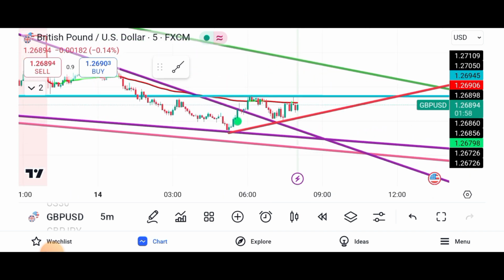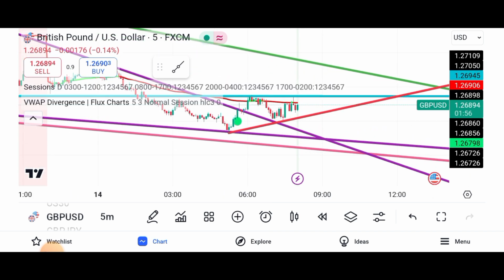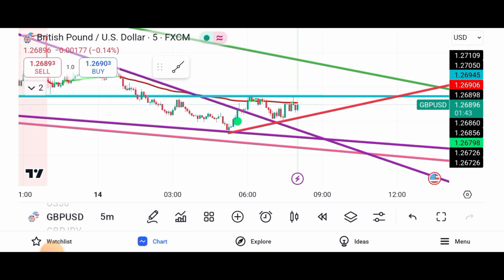And I'm loving this VWAP indicator. This is called VWAP divergence. My internet is crazy.